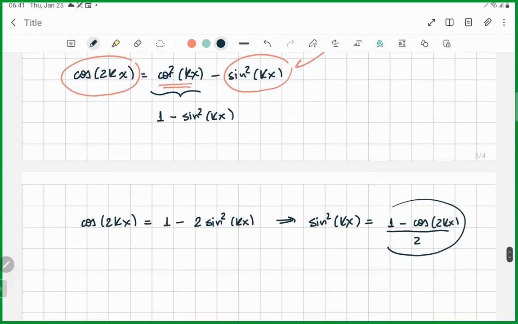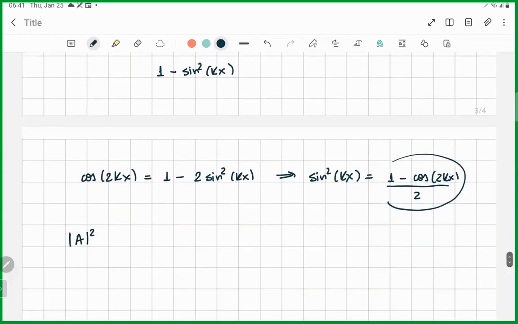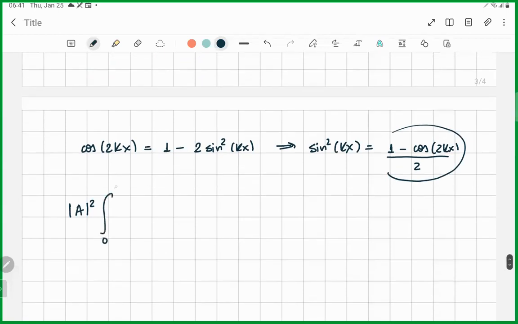Okay, so let me come back. We have to solve this sine square. Let me get rid of that square and write it using this relation.